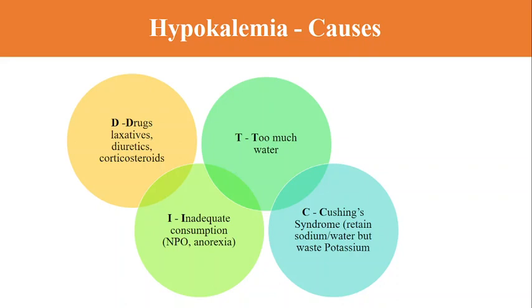In Cushing syndrome, we know that excess cortisol is there, so sodium and water retention will be there. Automatically, there will be a loss of potassium. We should understand one thing: sodium is inversely proportional to potassium. Whenever sodium content increases, the potassium will decrease. Usually it is like that. So sodium reabsorption and potassium excretion can happen in Cushing syndrome, ending up with hypokalemia.